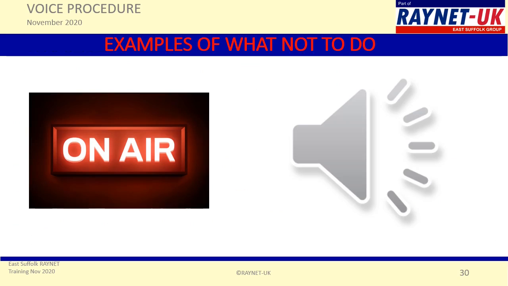Checkpoint 2. G7SCR Raynet Control, this is 2E0ISJ Mobile, Checkpoint 2. 2E0ISJ Mobile, this is G7SCR. Many thanks for calling in. I trust you had a good journey to your point. G7SCR, 2E0ISJ Mobile.